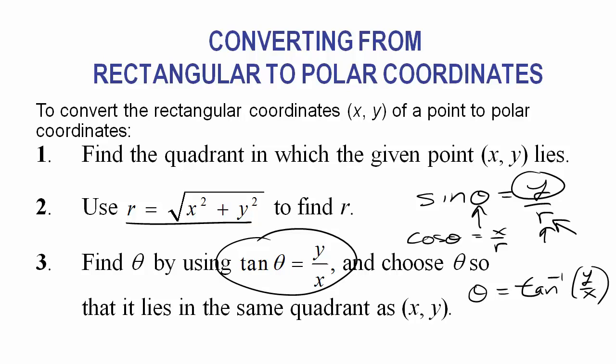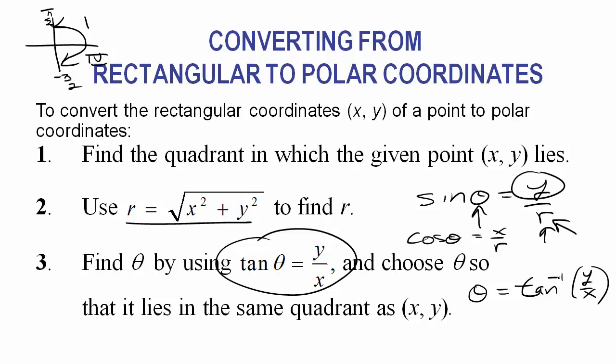But that might not be the quadrant that you're dealing with. So if you don't remember, inverse tangent is restricted to negative pi over 2 to pi over 2. So the inverse tangent function only gives you angles in quadrant 1 and quadrant 4, from negative pi over 2 to pi over 2.